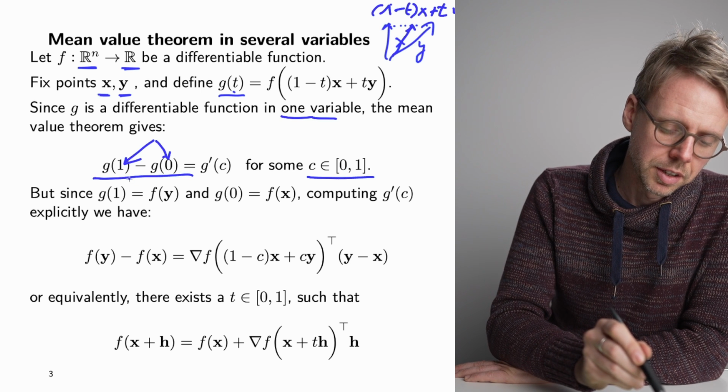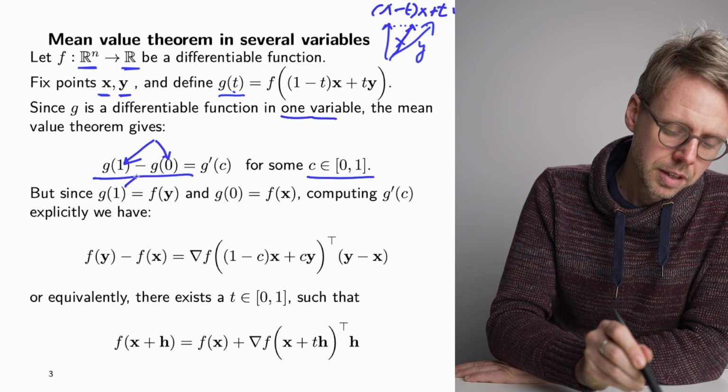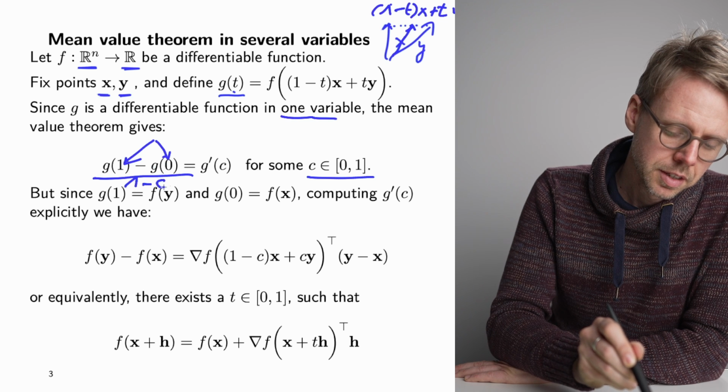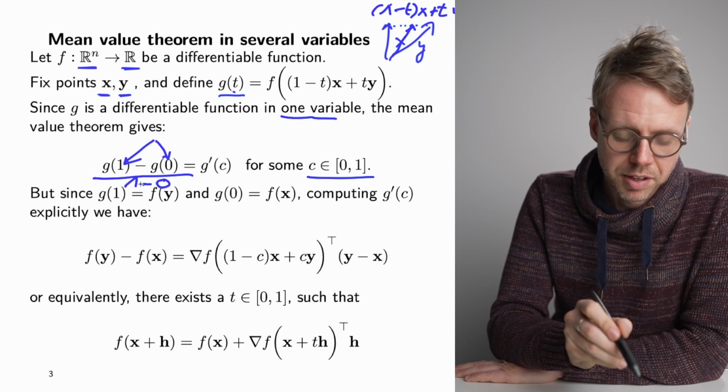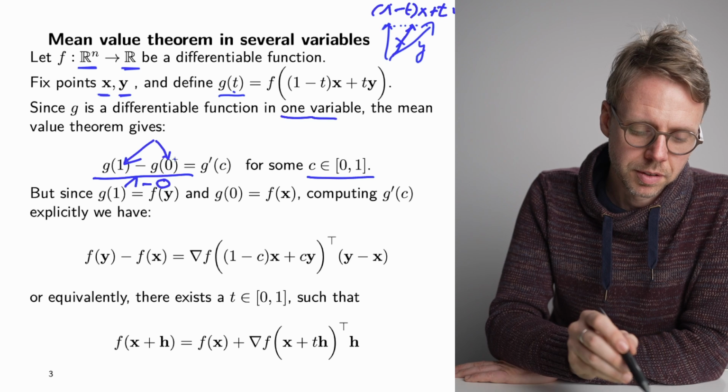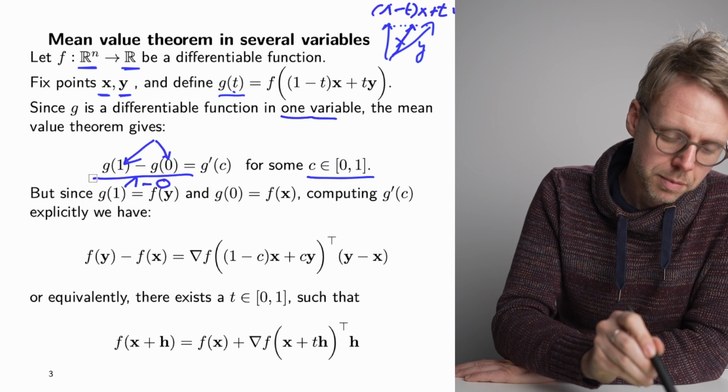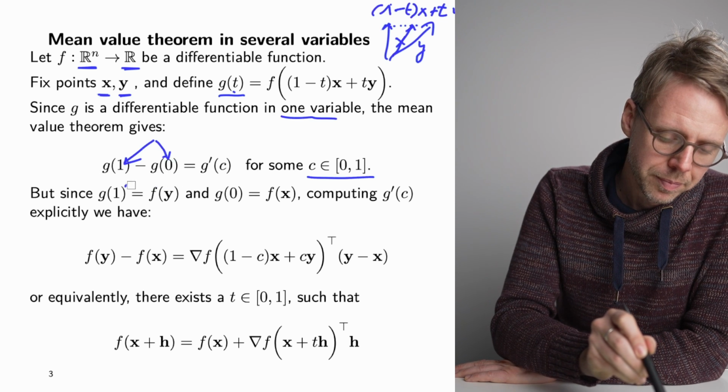Remember that in the mean value theorem we divide by 1 minus 0, so we have divided by 1. We can ignore that part below.